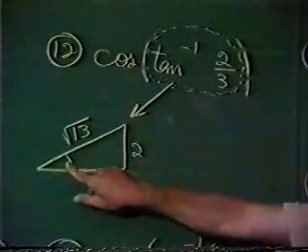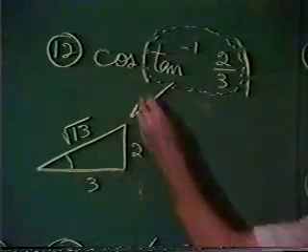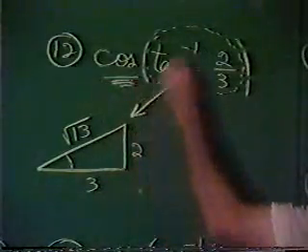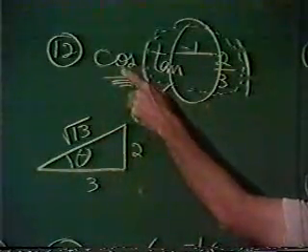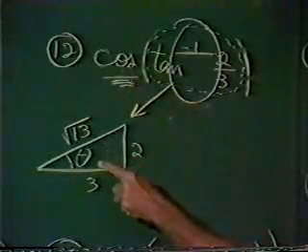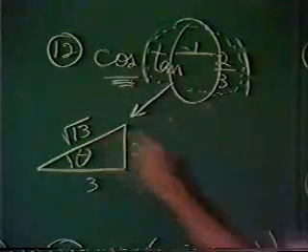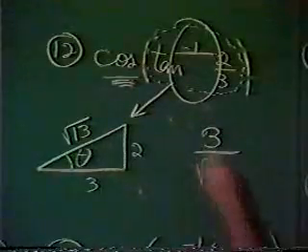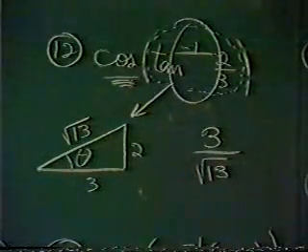What angle is the tangent 2/3? Now we're asking the cosine of that angle. Remember, this is an angle. So what is the cosine of that angle? The cosine is the side adjacent over the hypotenuse. So the answer to that is 3 over the square root of 13.